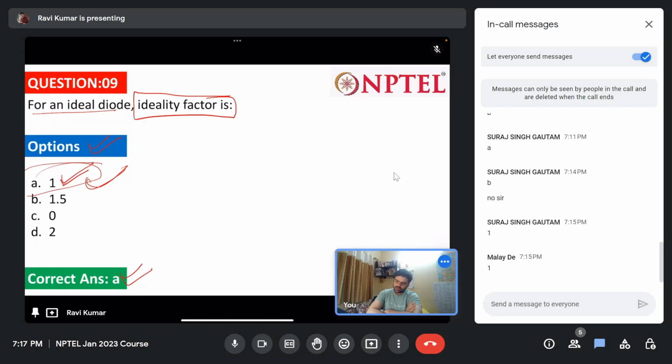You don't know about this, okay. So I just want to tell you one thing. This ideality factor is just an approximate value which is kind of curve fitting. Ideally, a diode should behave like this. Here it should be 0 current and it should increase here. So this part should be 0 here.